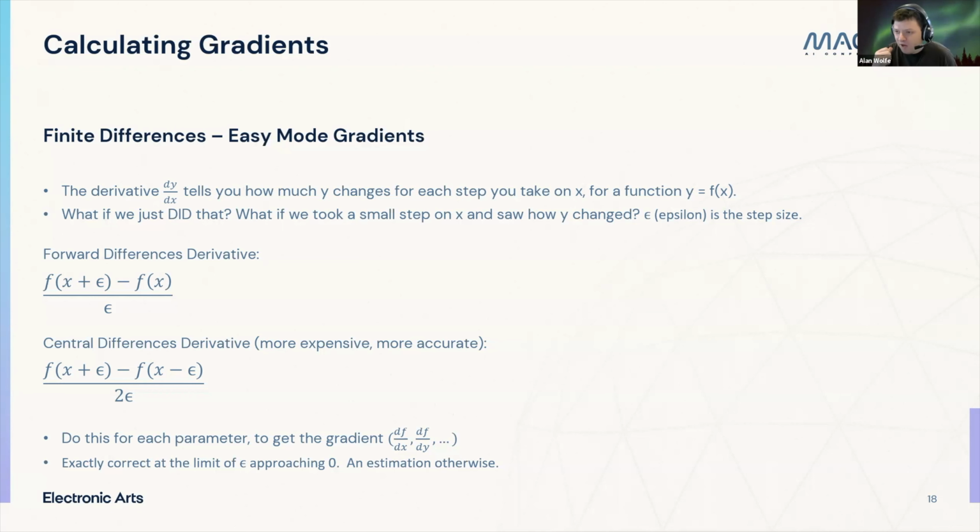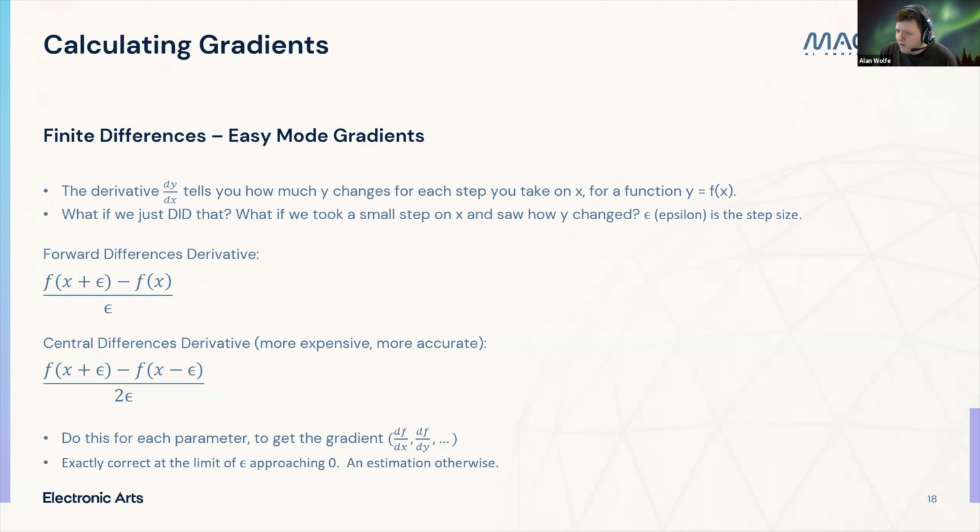So how finite differences works is you know the y value of where you are at for your x value. And so you take a step on x, reevaluate the function, and then however much you changed in y divided by your step size tells you your derivative, or the slope of the line at that point.